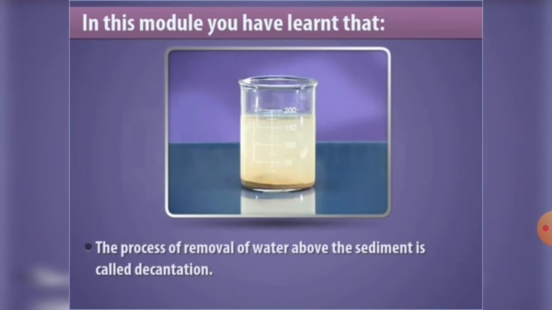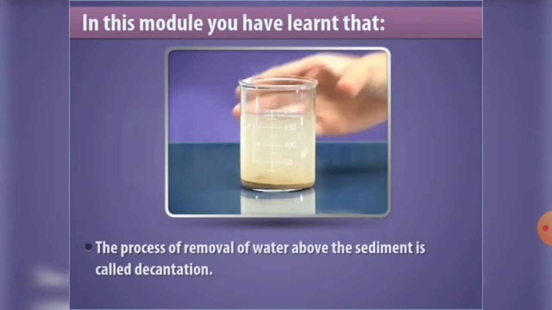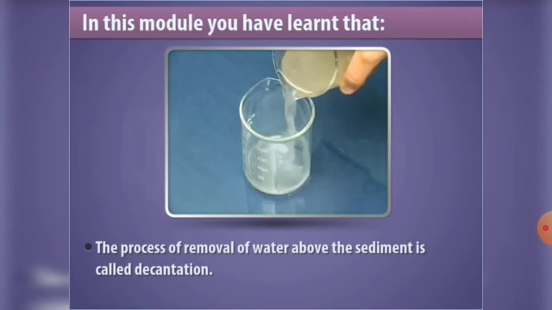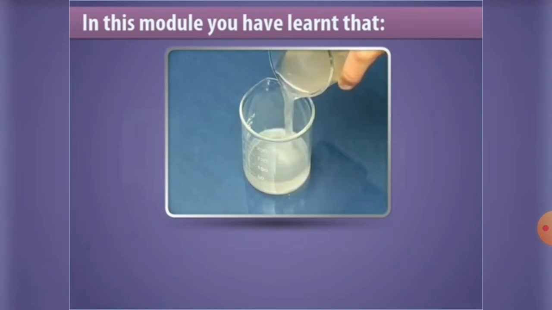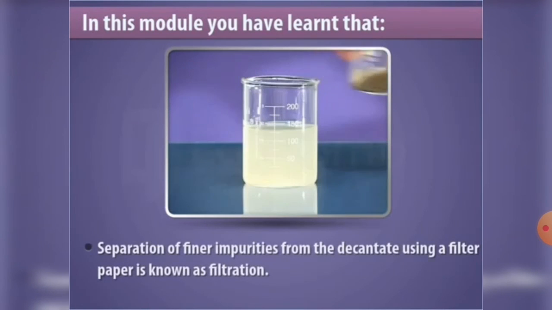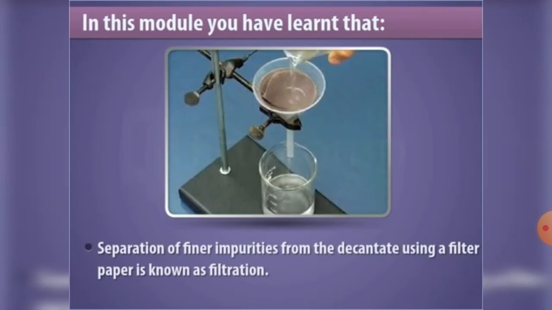The second is decantation, the process of removal of water above the sediment. After decantation, to remove the finer impurities, we use the filter paper as a filtering media, and the process of separation of finer impurities from the decanted water is called filtration.